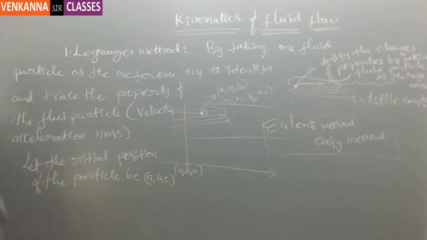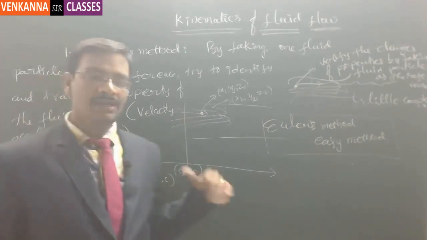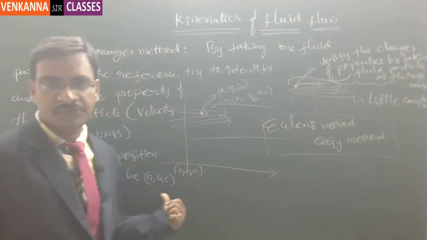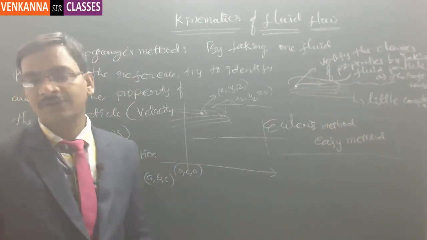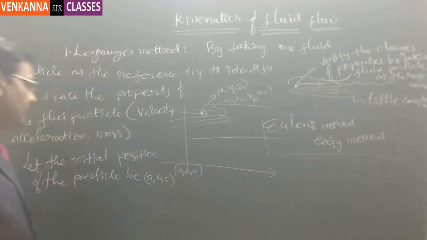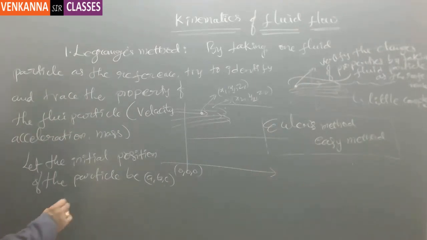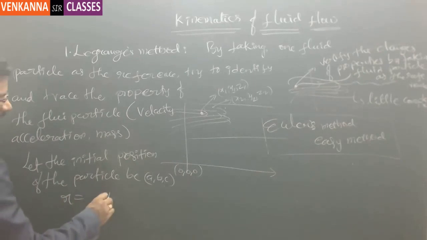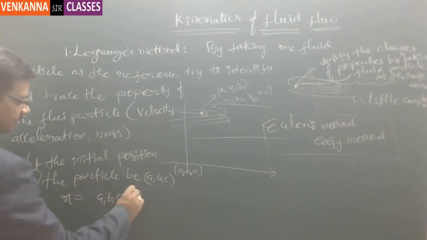Then what you are planning to study is, at any instant of time, for a particle which started at this location, how the property of the fluid is getting changed. That means you are trying to identify R is equal to F of a comma b comma c comma t.